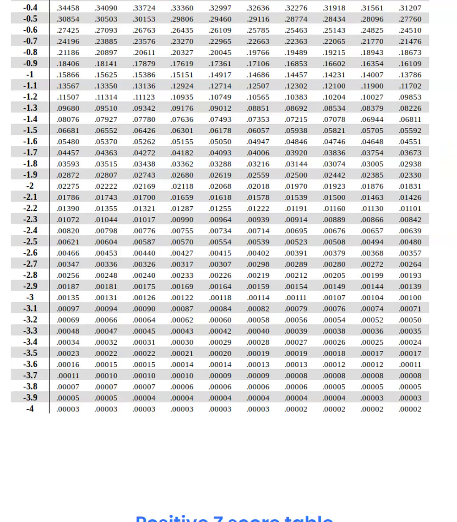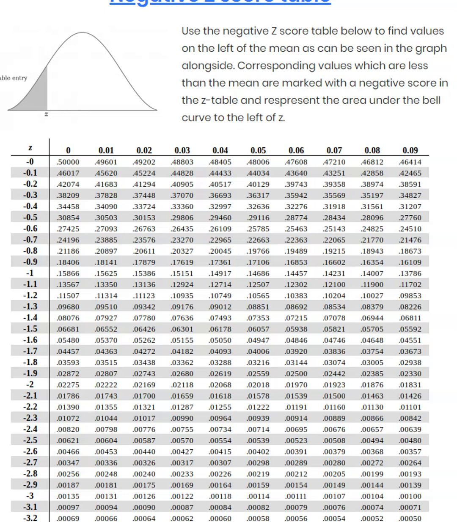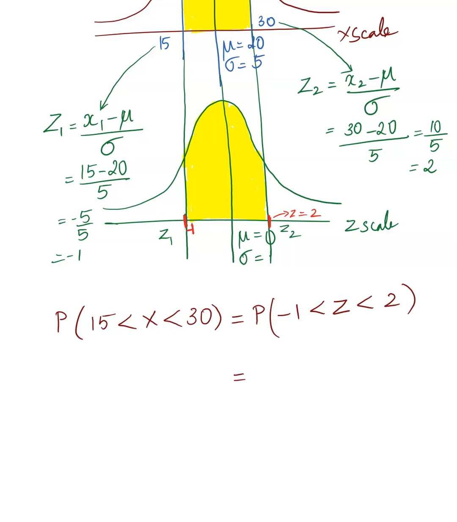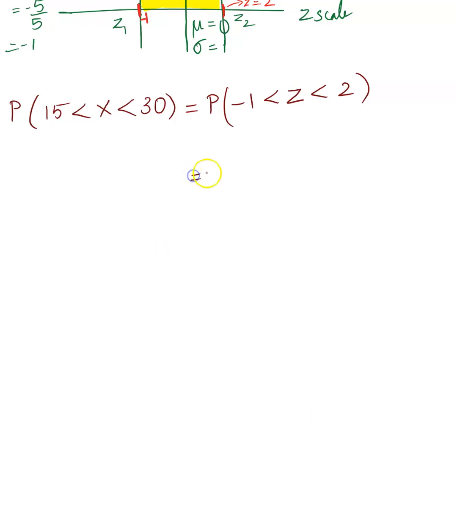If you look at the table, it is only the cumulative area from the left. It's not giving us any area in between. So if I want the area in between, I have to do a little manipulation. I'll draw a graph here to illustrate this. When I say z score is -1, and if I use the table, this is the area that I will get.